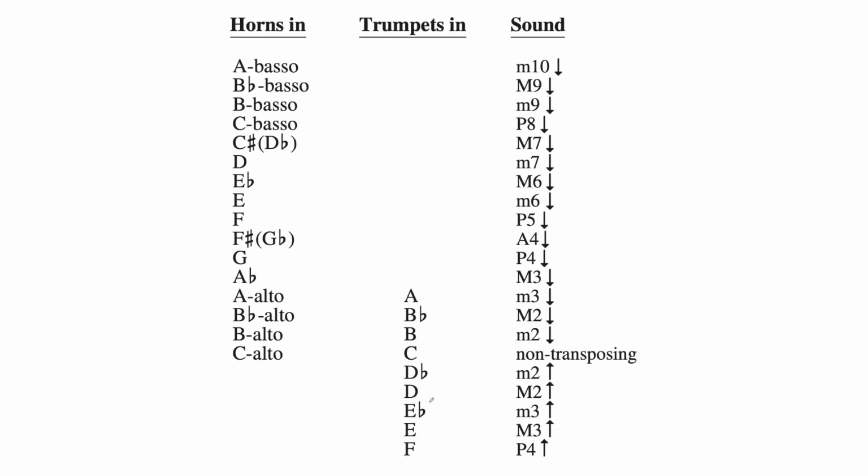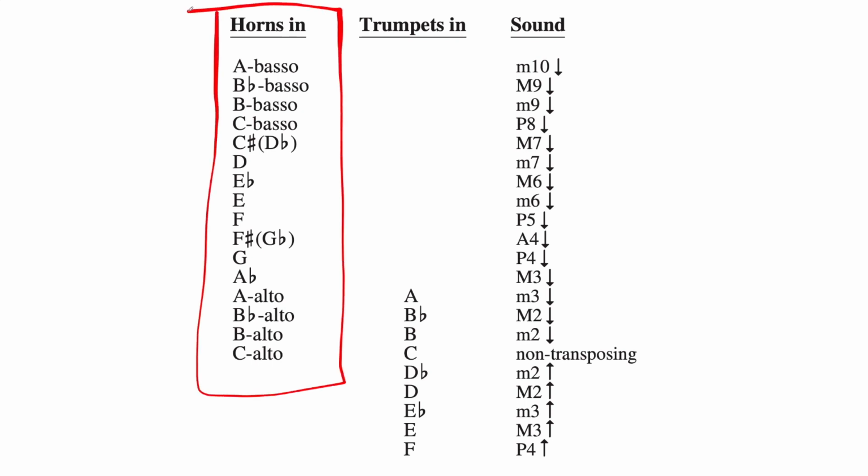In this table, we can observe the transposed brass instruments. This section is the horn section, and this section is the trumpet section. This is C alto horn. This is a non-transposing instrument, exactly like C trumpet.